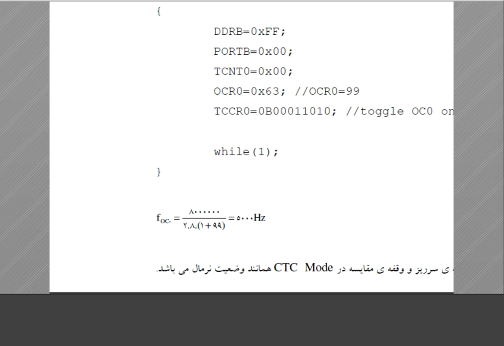This is the duration, this is T. T is 200 microseconds. What about F? F is 1 per T, means 1 over 200 microseconds. That means 5 kilohertz.